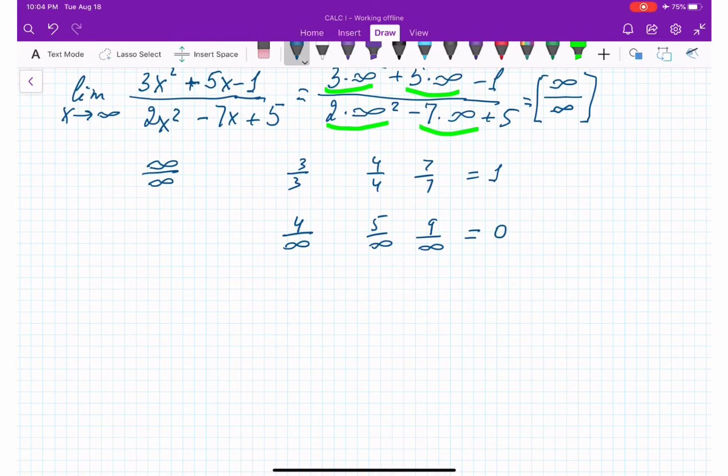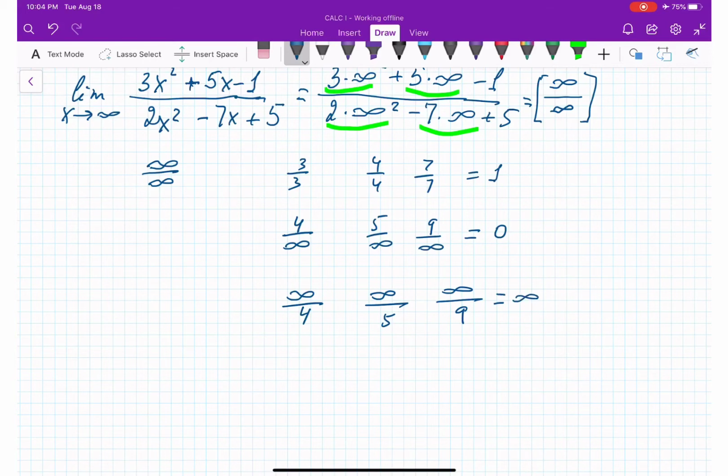And infinity divided by any number, infinity by 5, infinity by 9, is going to be infinity.